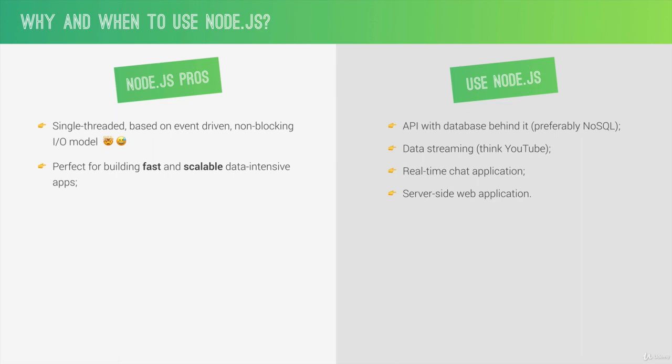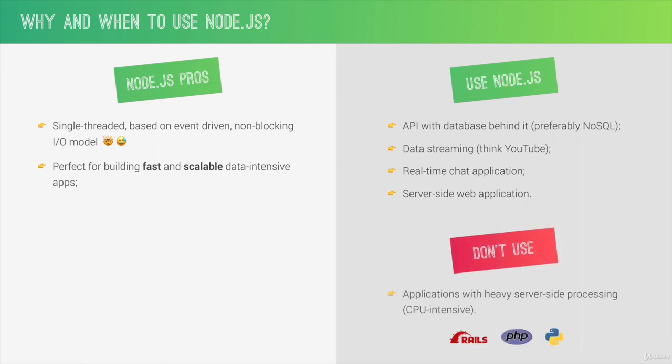But there is actually also a type of apps that we should not build with Node. And this is when our app needs some super heavy server-side processing, like heavy image manipulations, video conversion, file compression, or anything like that. Alright? And you will learn why that is once we dive deeper into how Node actually works.